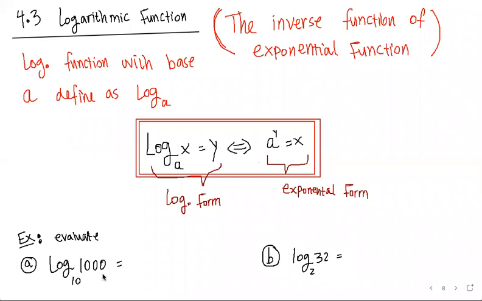For the first one, here is how I think about the logarithm of 1000 to the base 10. I make this equal to x. I ask myself, 10 to which power gives me 1000? What is the value of x that makes 10 to the x equal 1000?